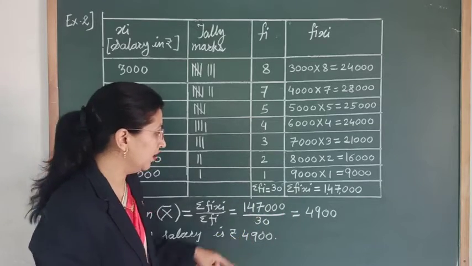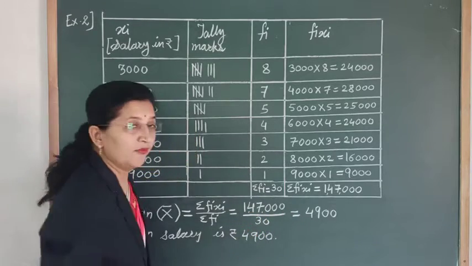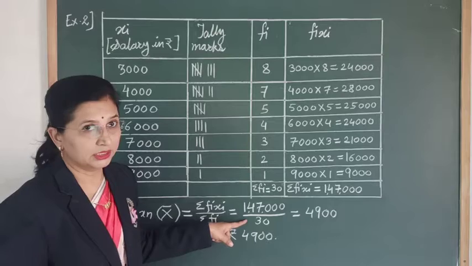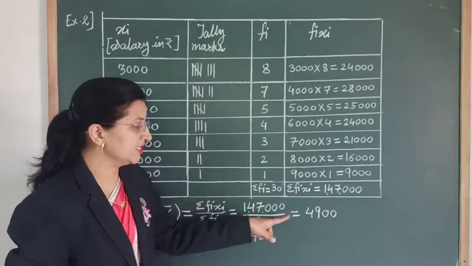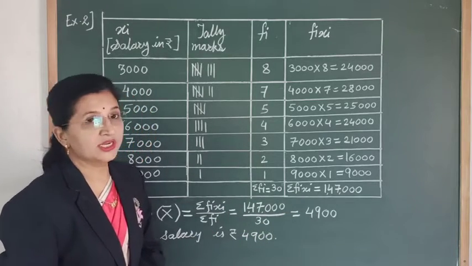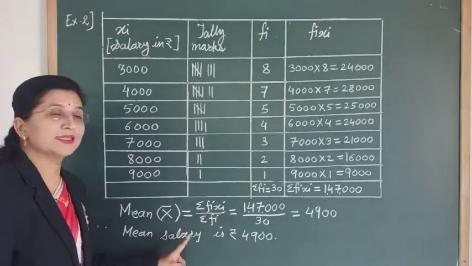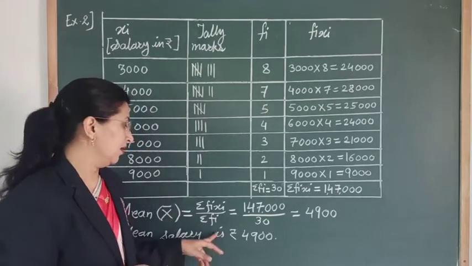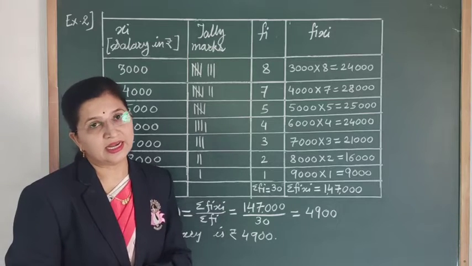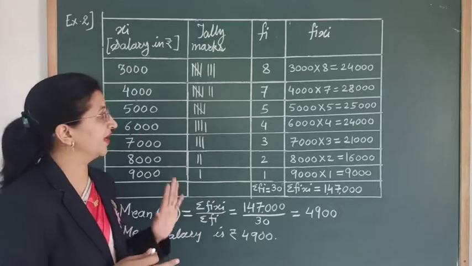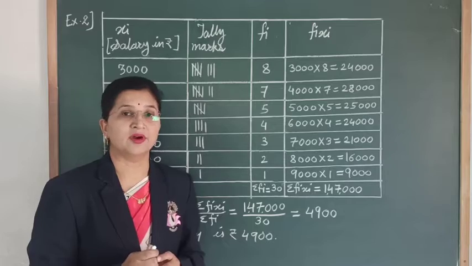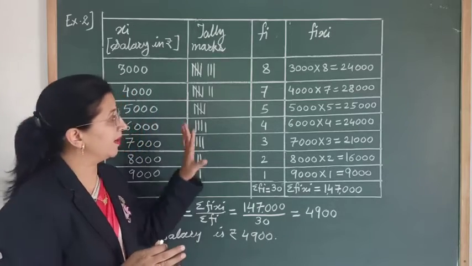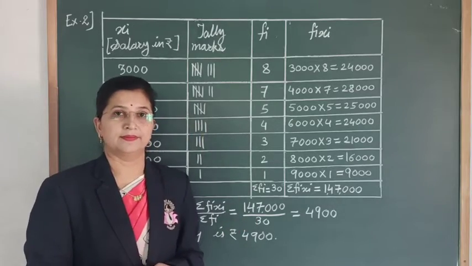The total we got is 1,47,000 upon 30. After reducing this, we get 4,900. So dear students, the mean salary for the given observation is rupees 4,900. In this way, we can find out the mean for the given observation by making the table.